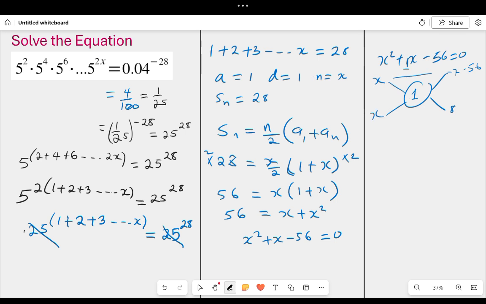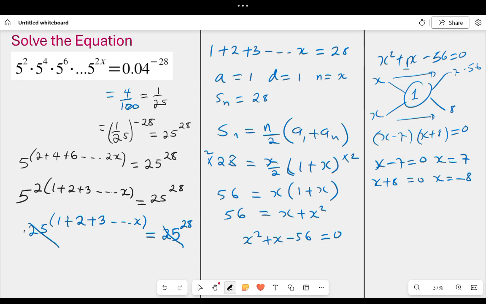So it's going to be x minus 7 and x plus 8. All this is equals to 0. Now the solutions for x: x minus 7 is equals to 0, x is equals to 7. x plus 8 is equals to 0, and the answer for x is equals to negative 8.